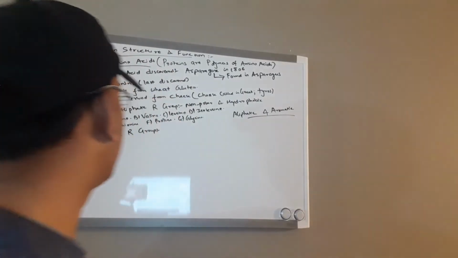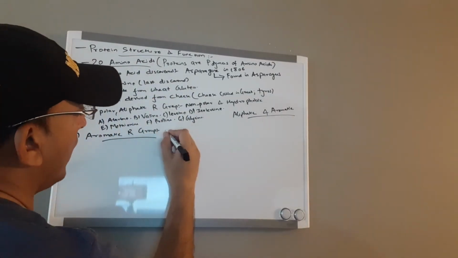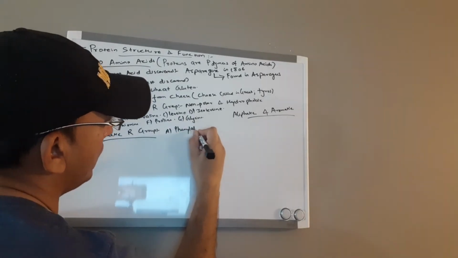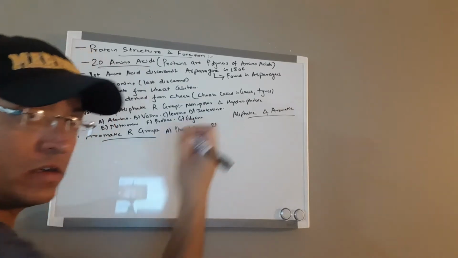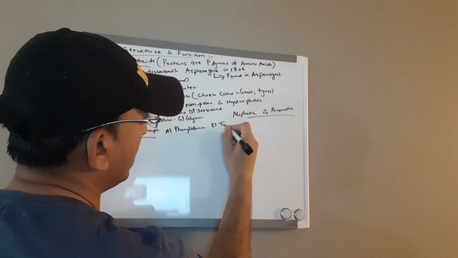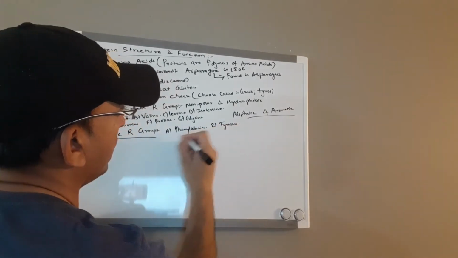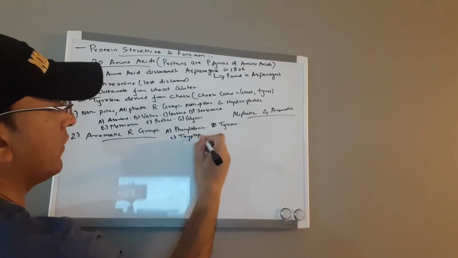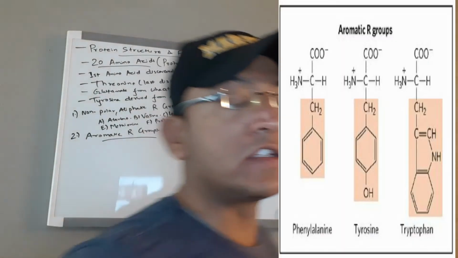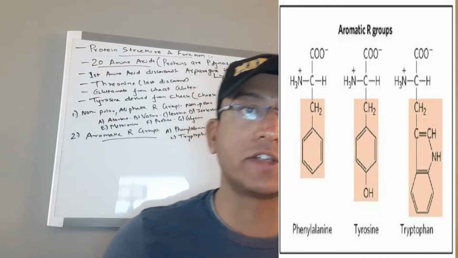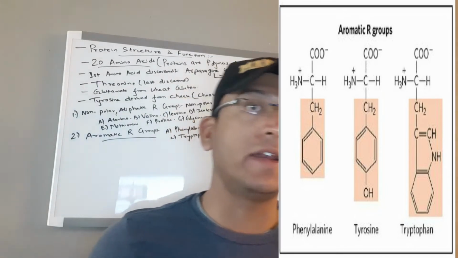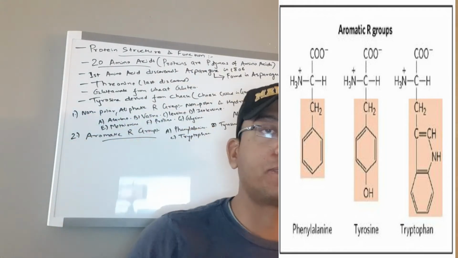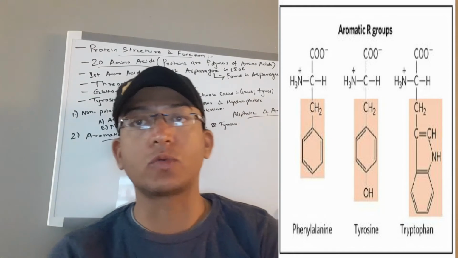Aromatic R groups. This aromatic R group class contains 3 amino acids: phenylalanine, tyrosine, and tryptophan, with their aromatic side chains, as you will see in the image on your screen.